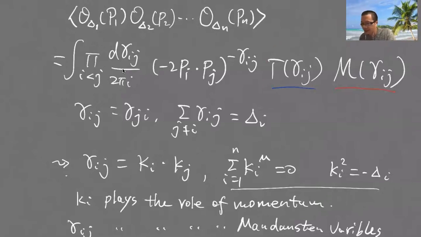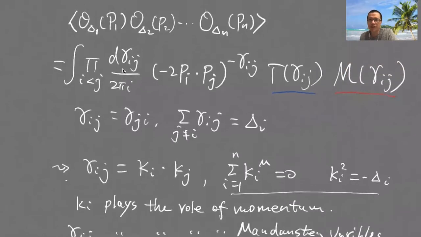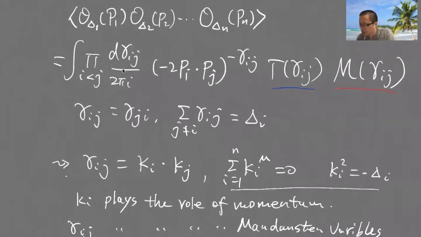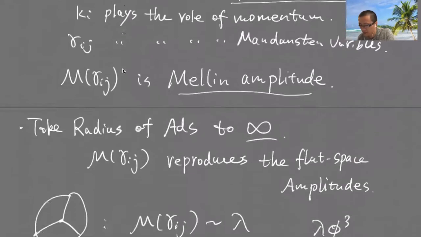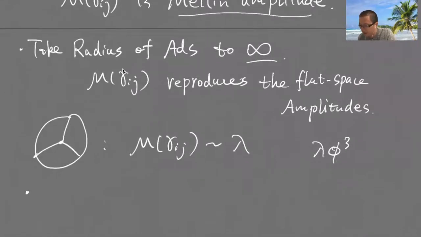One reason is that only after you factor out this gamma function, what's left over, which I call m here, behaves like an amplitude. In the simplest case, after you factor out the gamma function, we're left with 1 or lambda, and that's the result of the lambda phi^q theory.